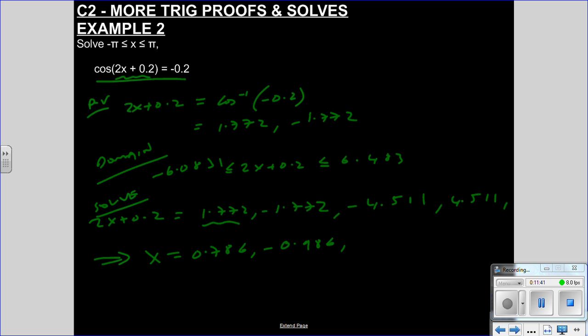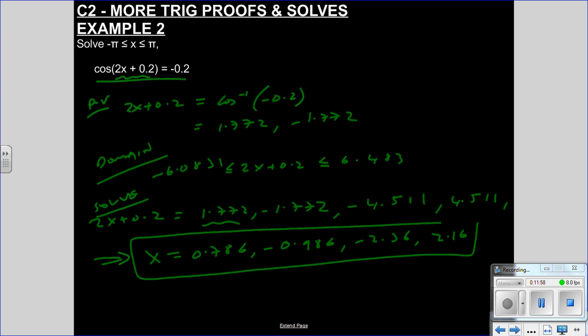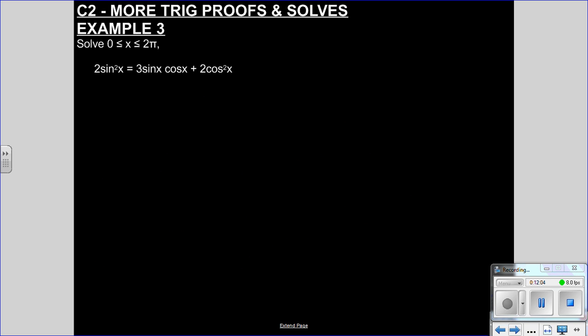Minus 4.511 minus 0.2 divided by 2 is minus 2.36, and 4.511 minus 0.2 divided by 2. Notice these answers are not symmetrical when you adjust, so it's very important you don't skip steps. Done. 3 minutes. Okay, last example, solved.